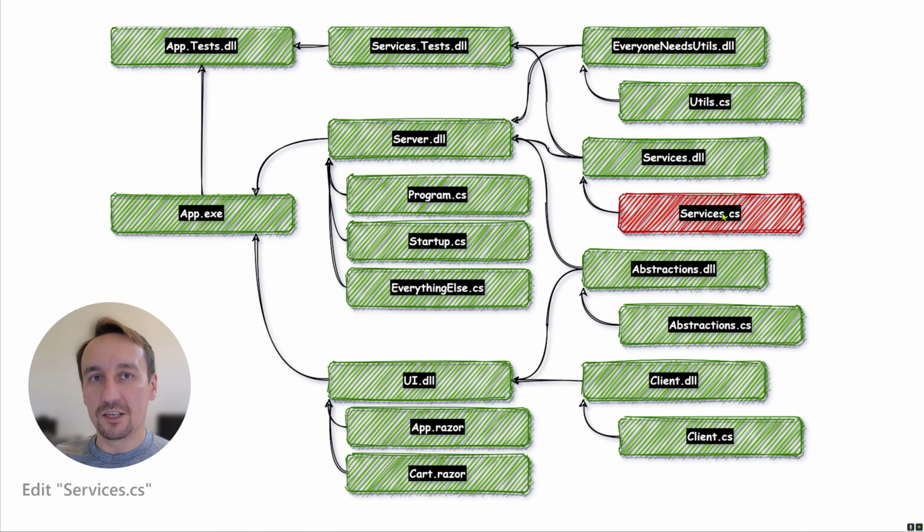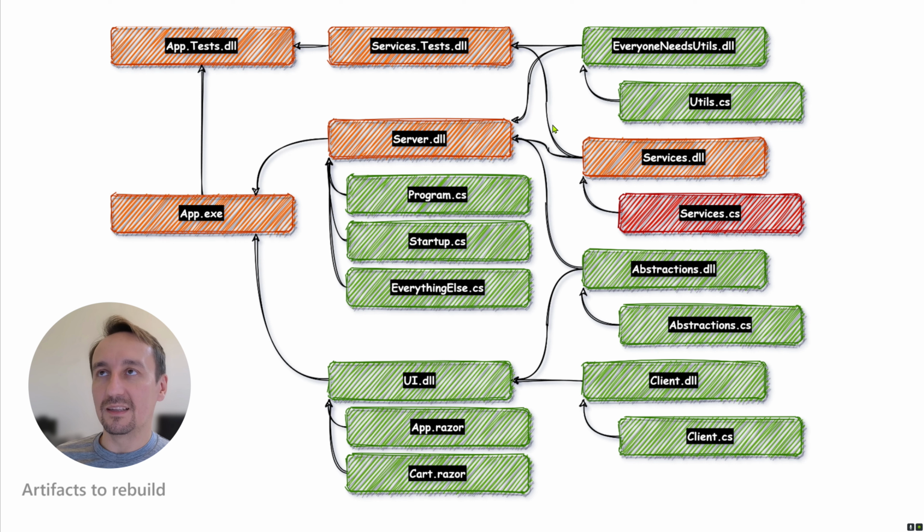Imagine that you change one of these files, for example services.cs. Then what an incremental builder does is that it marks everything that depends on this file as stale, or invalidated.